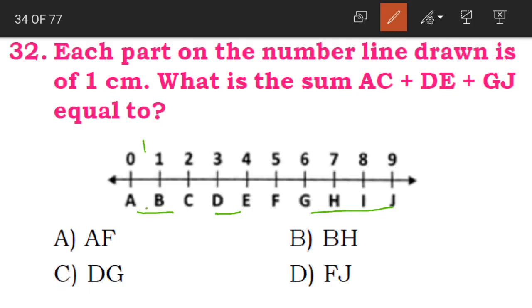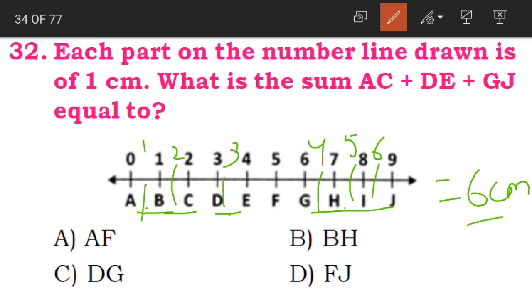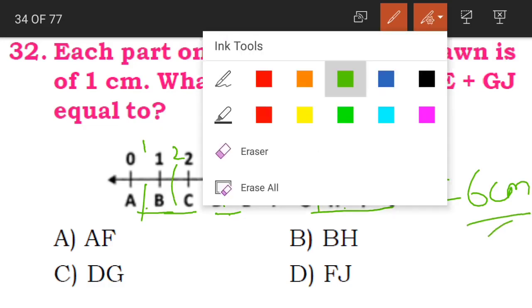Here we are having one part AC, right? 2. This is the third part, 4, 5 and 6. How many parts are we having in total, children? 6 parts. Yes. So the answer is what? 6 centimeters. Clear? 1 centimeter, 2, 3, 4, 5 and 6. The total is 6 centimeters.